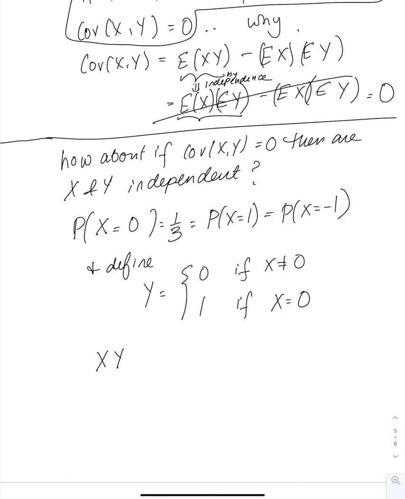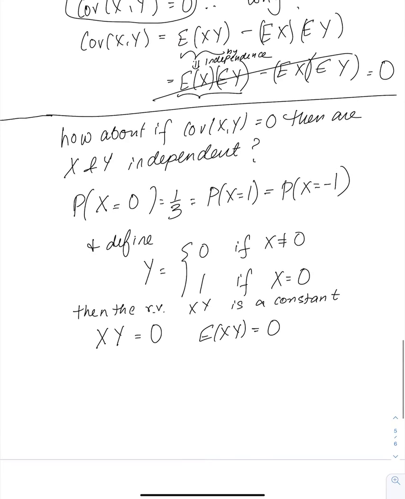When x is 0, y is 1. When x is 1 or -1, y is 0. So this product is always 0. So then the random variable x times y is a constant, and this constant is 0. It's not really random now, it's a constant 0, but that's okay.